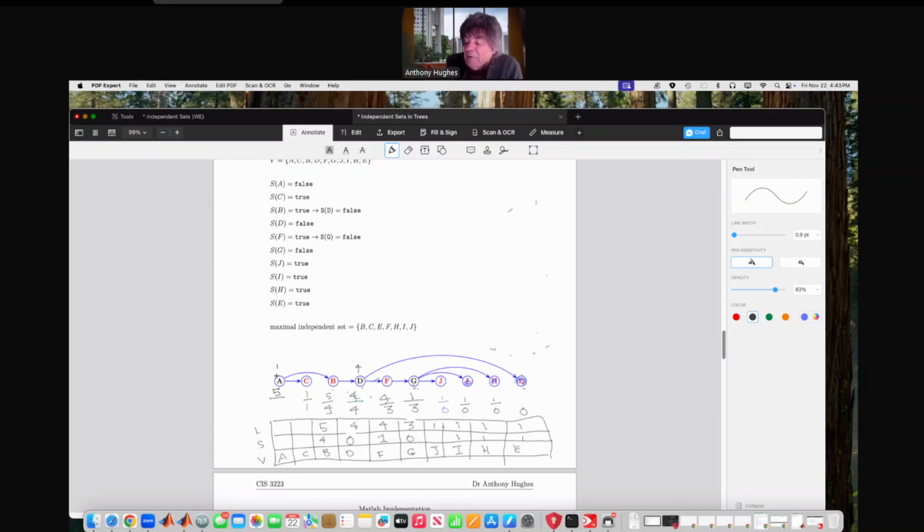Notice dynamic, we only work with D, the grandchild, and A. So A plus the grandchildren. So that gives me 5 if I include.